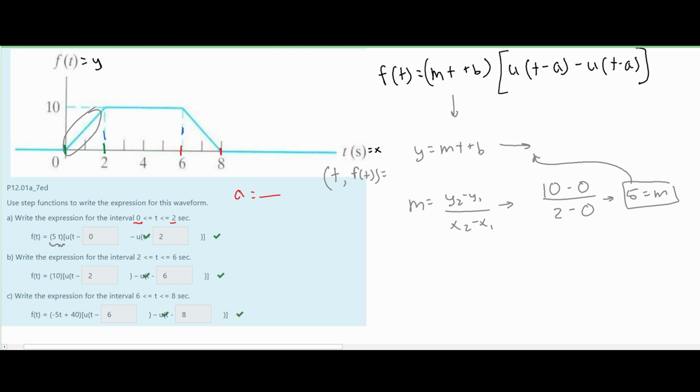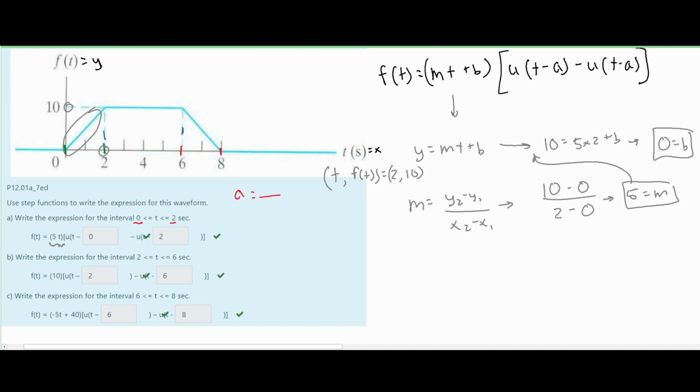But just for a better example, I'm going to choose the points 2 and 10. So you can see if we choose this point right here, it's going to be equal to this f of t point right here. If we plug these in, we're going to have 10 is equal to our 5 times our 2 plus b. If we subtract this out, we're going to get that 0 is equal to our b.